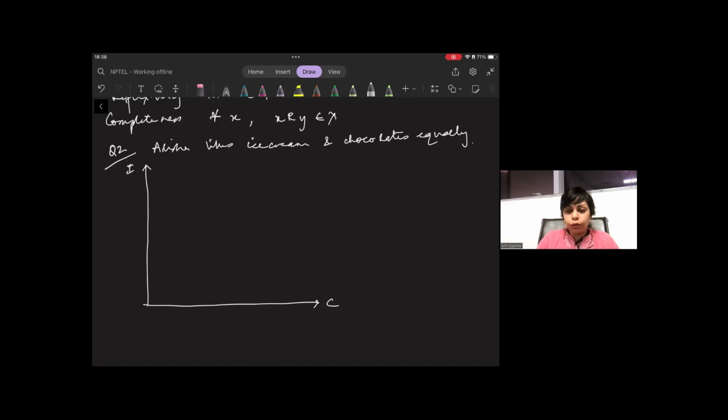When you like two goods, good one and good two, where we have taken chocolate as good one and ice cream as good two, and we are saying that she likes both goods equally, meaning we can substitute between both. So she's willing to give up 1 unit of good one for 1 unit of good two.